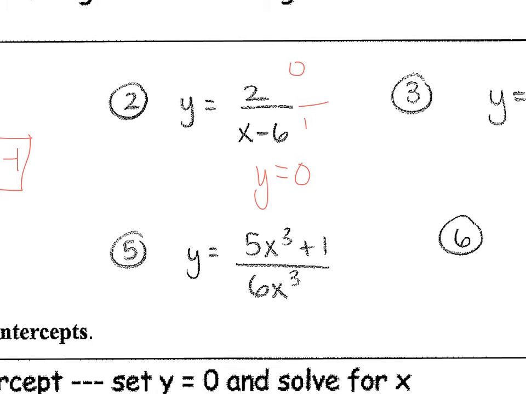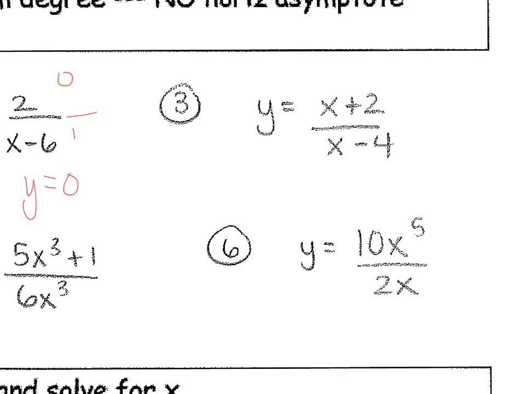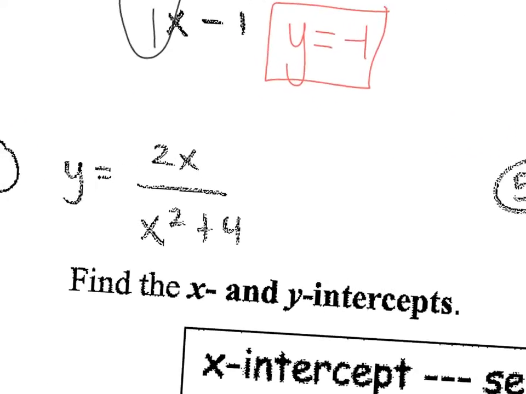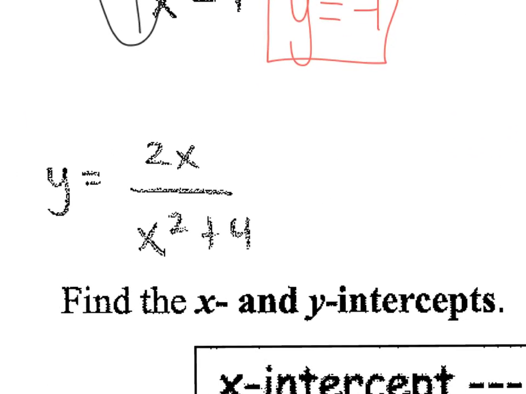And then number 3, the degree on the top is 1, degree on the bottom is 1. The coefficients are 1 divided by 1, so it's y equals 1. Number 4, the degree is greater on the bottom. So if it's greater on the bottom, it's going to be y equals 0.